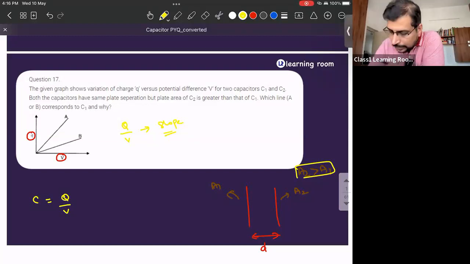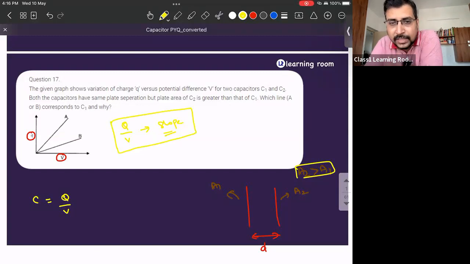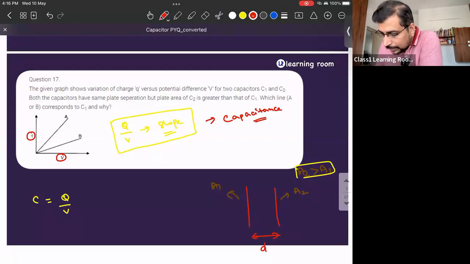Now am I audible? Yes, sir. So with respect to the graph that is given, can I say that Q by V is the slope, because y-axis divided by x-axis is going to be the slope? But what is Q by V according to physics? Q by V is going to be the capacitance. Am I clear till this point? Now, tell me, how is the capacitance for a parallel plate capacitor defined?